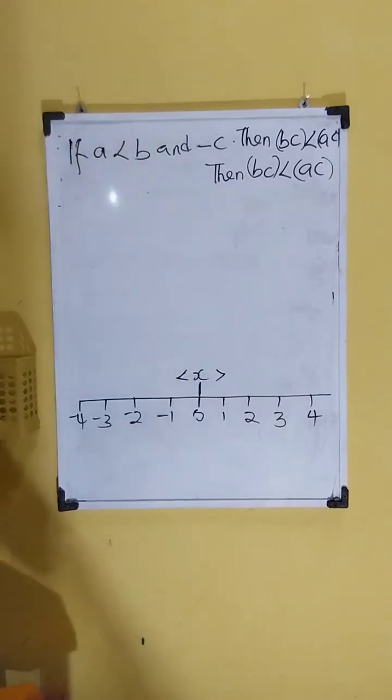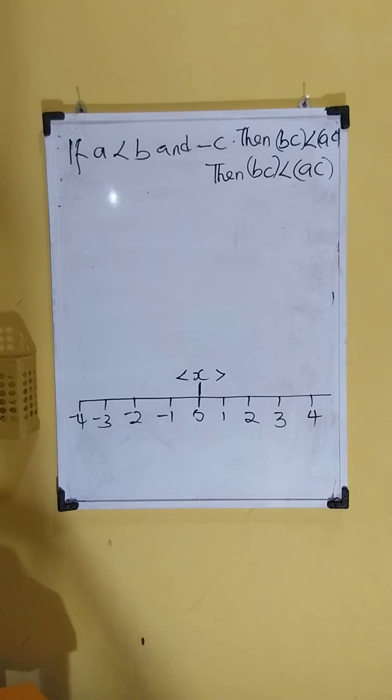Now the question is, if A is less than B, and C is a negative number, then BC is less than AC. Is it AC that is there? Yes, AC. BC is less than AC.